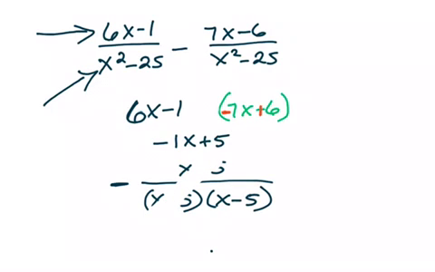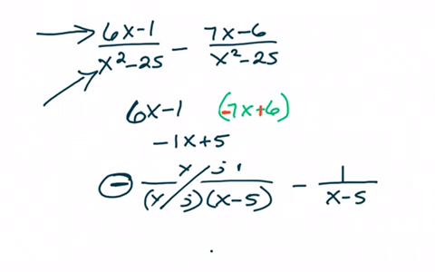In any case, they cross off. And what I have left is the negative sign, negative 1. Sorry, guys. The 1 is going to be on top of this, because when I take everything away here, I have to put a 1 on the top over x minus 5.